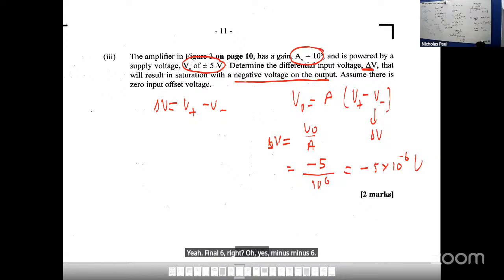Right, sorry. How are we going to say it? I divide V out by the gain. So -5 divided by 10 to the 6 is -5 by 10 to the 5 volts, right? That's the difference there that we call saturation.